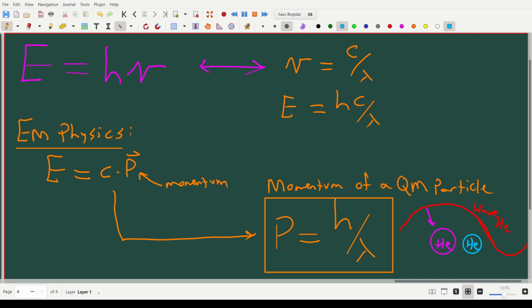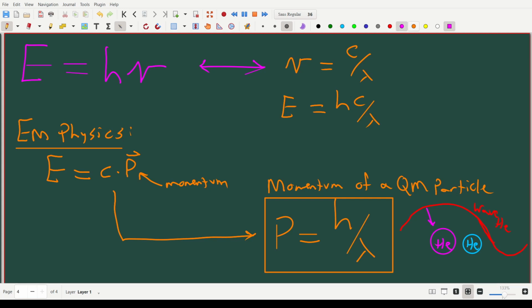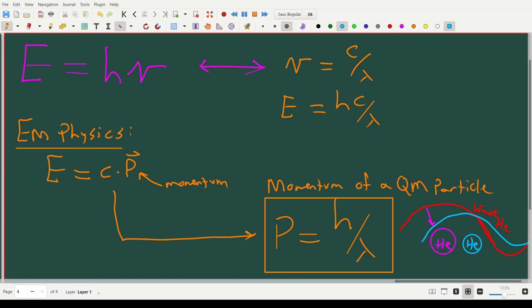So there's no way to know physically where one atom begins and one ends. Let me draw the wave for the blue one. It also has the same wavelength, and they add together. So they're not really two balls. The way to treat two helium atoms at cold temperature is not two balls, but rather two waves.